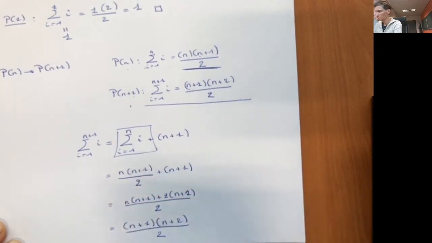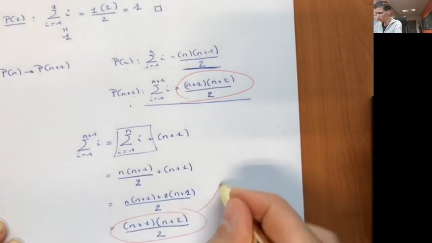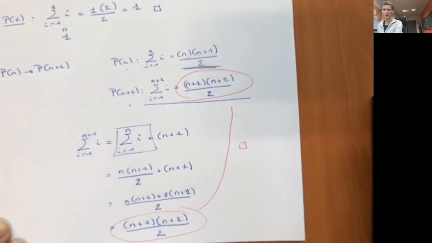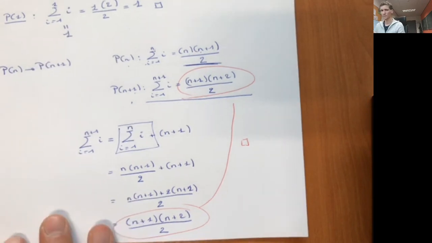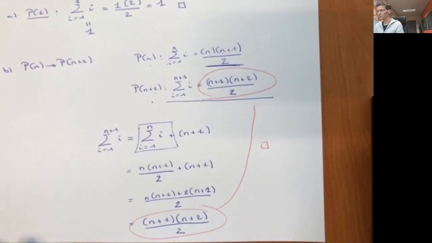And then we see that this here is equal to this here. So we have derived P(n+1) from P(n). So this is the proof by induction. Okay, so this is the final part of this introductory class into logic and proofs.